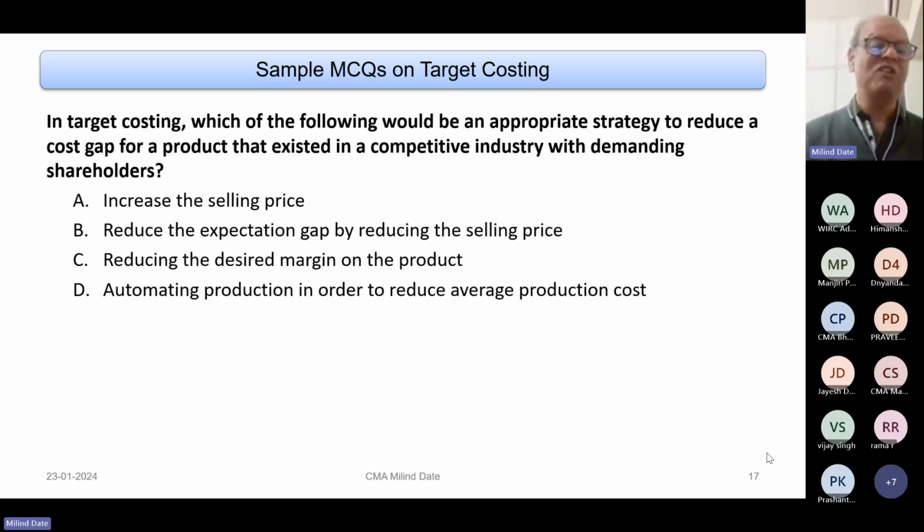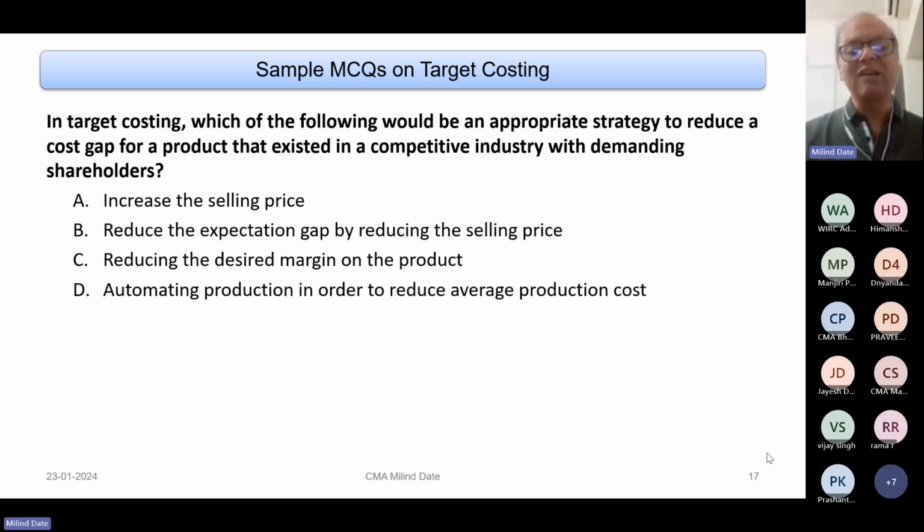You can't reduce margin because shareholders are demanding. The only thing which is in your control and that will lead to reduction in cost gap is automate your production, get economies of scale, reduce average production cost. So therefore, the correct answer is option D.